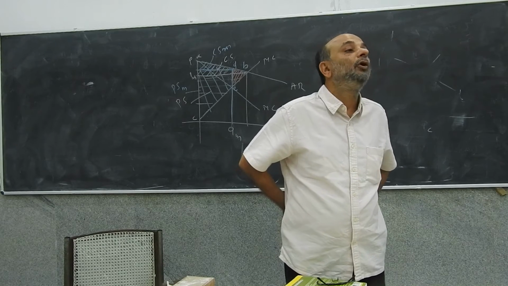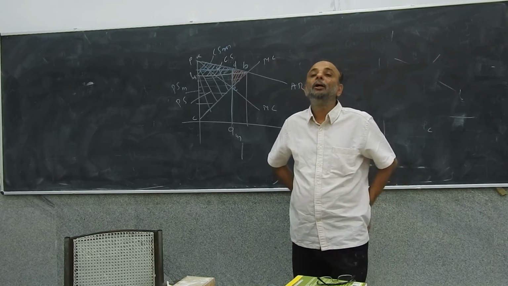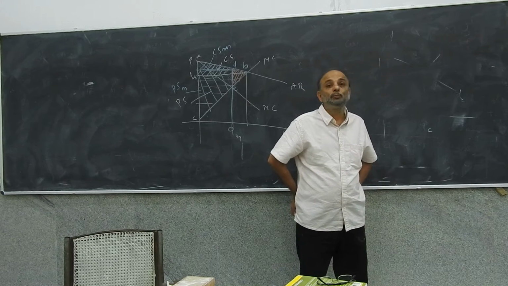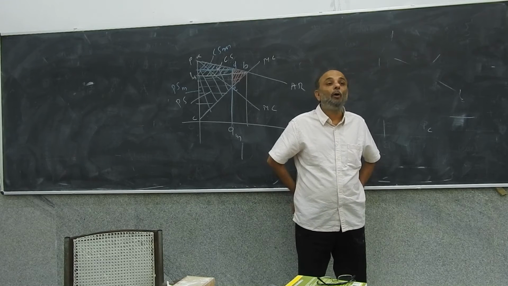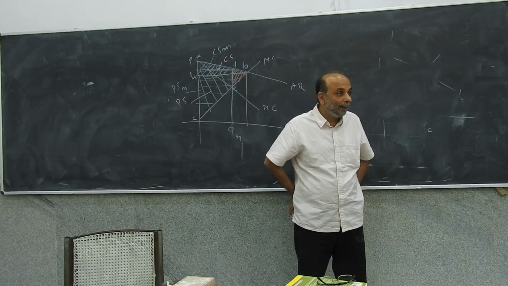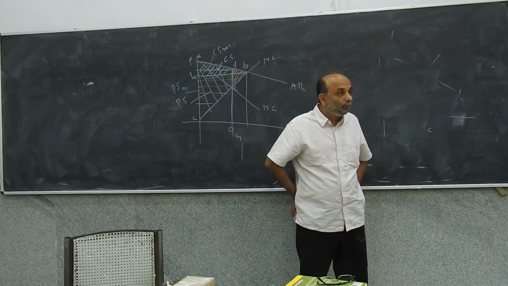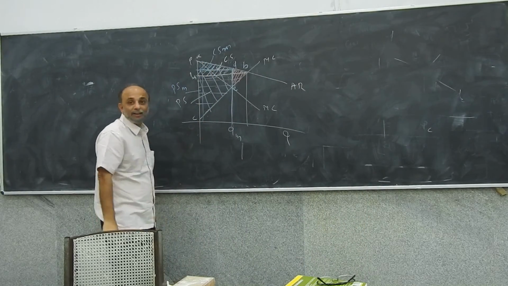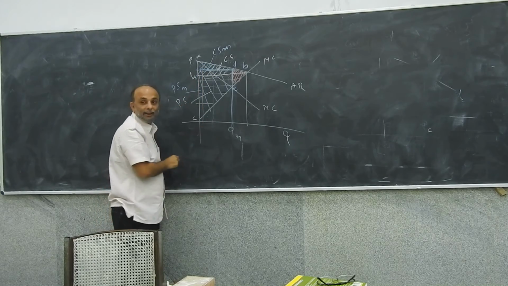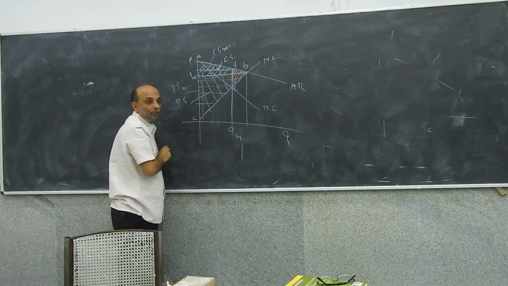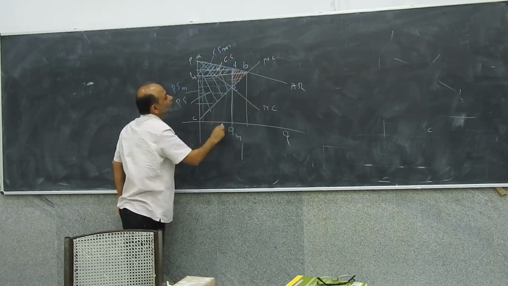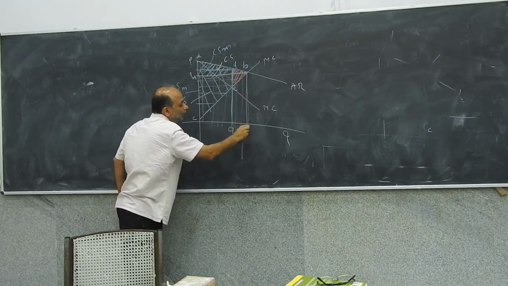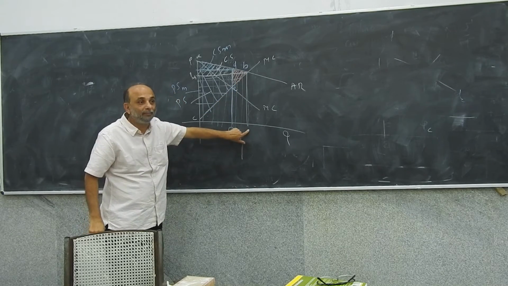One type of monopoly, not all types of monopolies, has deadweight losses, because you could argue that if the monopolist was so smart that he knew how much each and every person was willing to pay for the last unit, he would sell to the first person at this price, the second person at this price, and so on, and the last person would be sold at the competitive price.